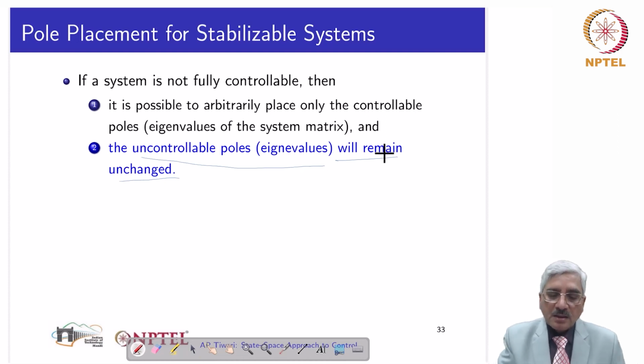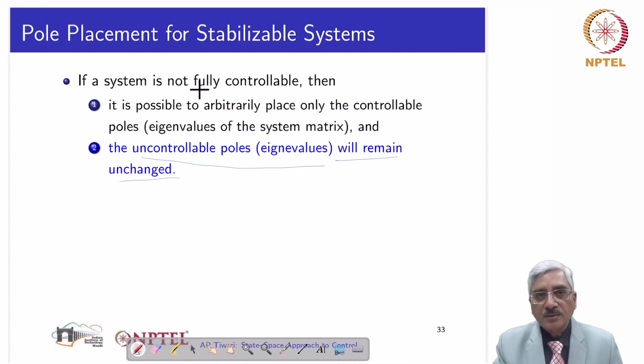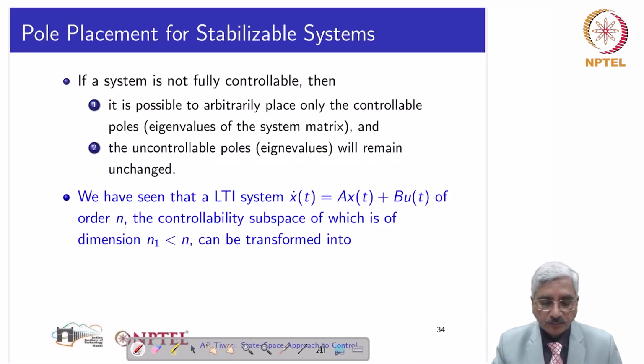So in case of an uncontrollable system, we can know the uncontrollable eigenvalues and the controllable eigenvalues, and only the controllable eigenvalues or the controllable poles will be possible to be placed.